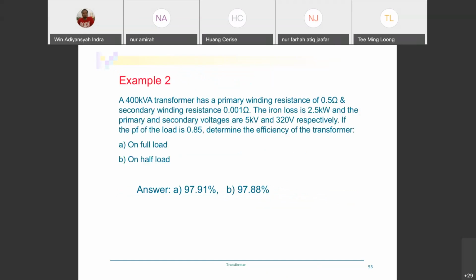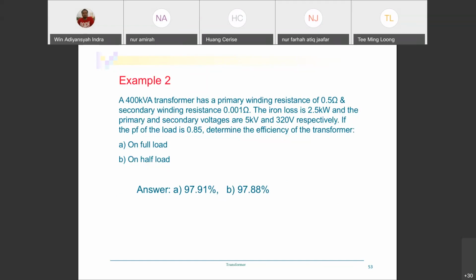Okay. Last one. A 400 kVA transformer, primary winding resistance 0.5, secondary winding resistance 0.001, iron loss 2.5 kW, primary and secondary voltage 5 kV and 320.